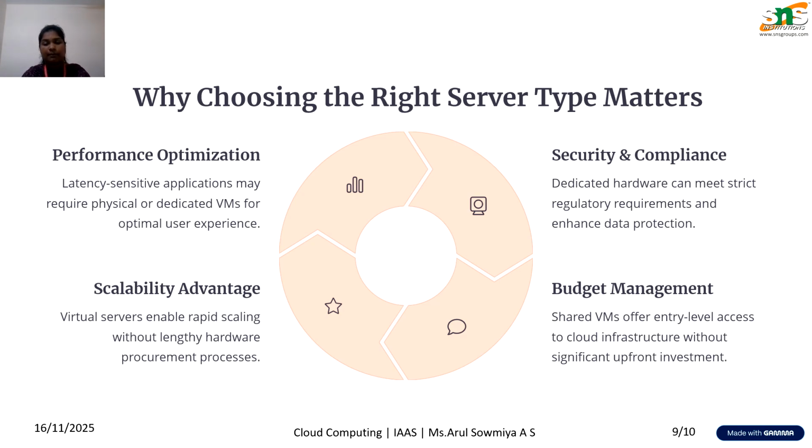Security and compliance use dedicated hardware that meets strict regulatory requirements and enhances data protection. Scalability advantage, in the sense, enables rapid scaling without lengthy hardware procurement processes. The last one is budget management, that is, shared VMs offer entry-level access to cloud infrastructure.